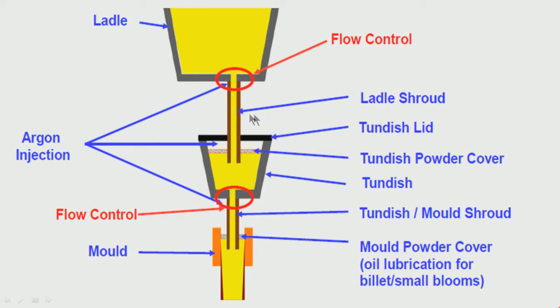Similarly, from tundish to mold, when liquid steel is coming down, there is a refractory shroud, we call it the submerged entry nozzle, and argon injection has to be there here too, because, as I was telling, liquid steel should not be allowed to come down on its own in air. There has to be a refractory cover as well as an argon cover, so that there is no contact with air. So, these are very important requirements.